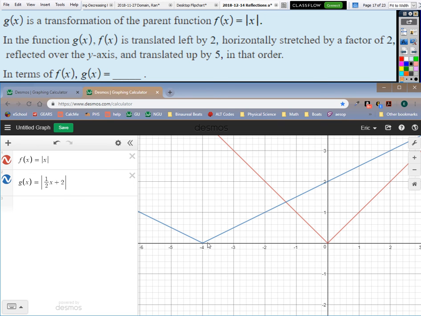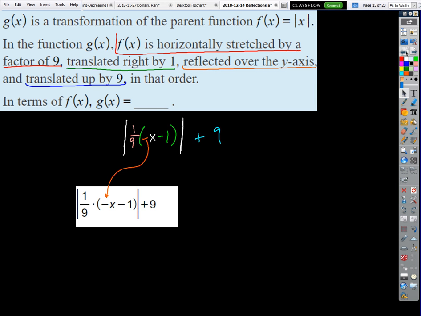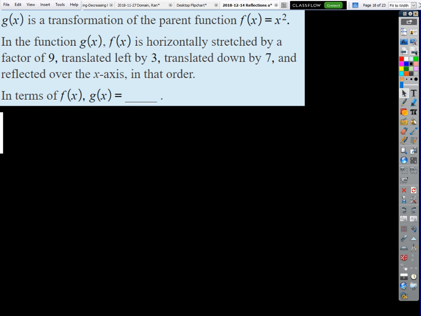But that's very different from what we did in the last examples. In the last examples, we horizontally stretched first, and then we translated, right? That's different than what we just did here.